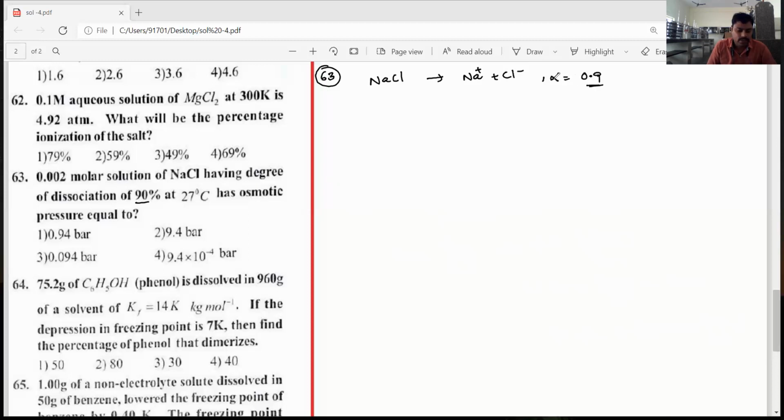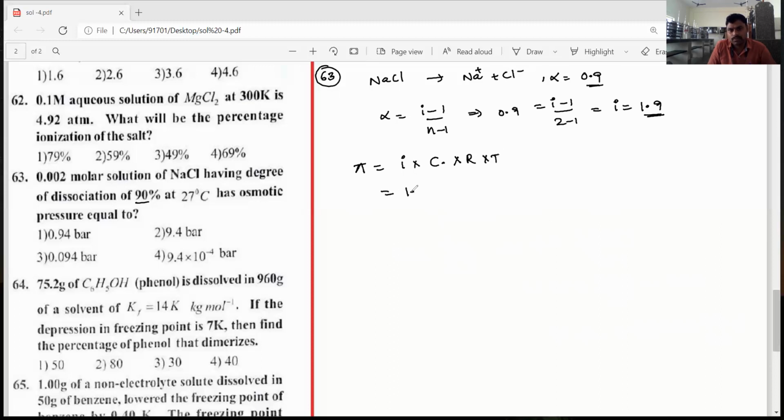We need to find the i value. First, alpha equals i minus 1 by n minus 1. Then 0.9 equals i minus 1 by 2 minus 1, so i equals 1.9. Now that we know the i value, we need to find the osmotic pressure. Osmotic pressure pi equals i into CRT.